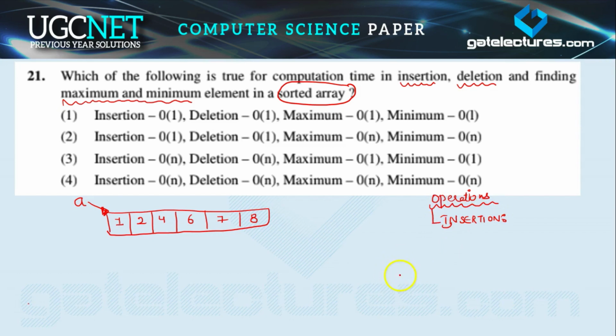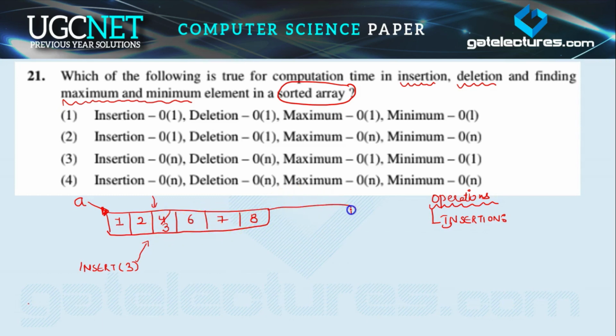So the first operation is insertion. Let's suppose I want to insert element 3 in this sorted array, right? I'm going to store it at this position, because 3 is greater than 2 and 3 is less than 4. Then what will be the result? If I place 3 here, then all the elements after it are going to shift one position.